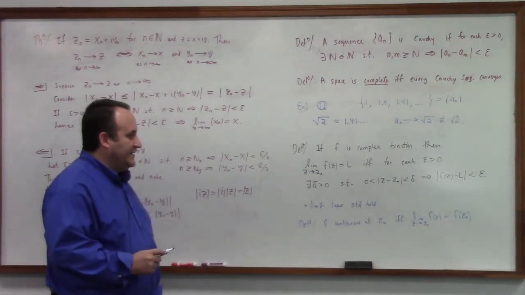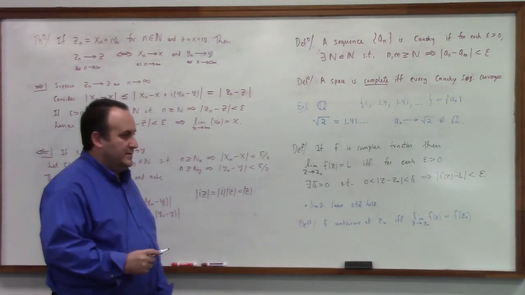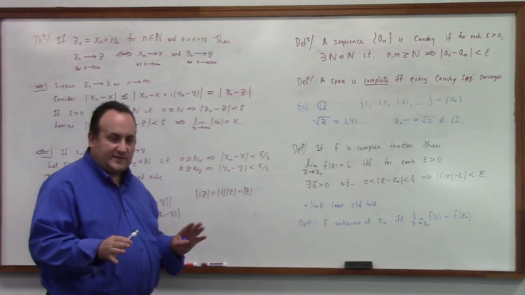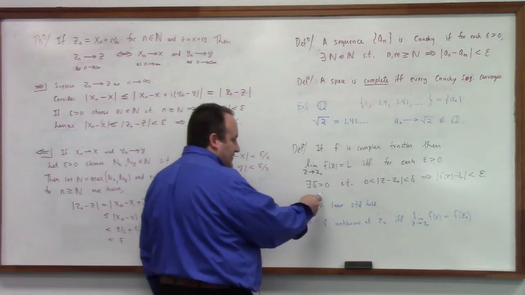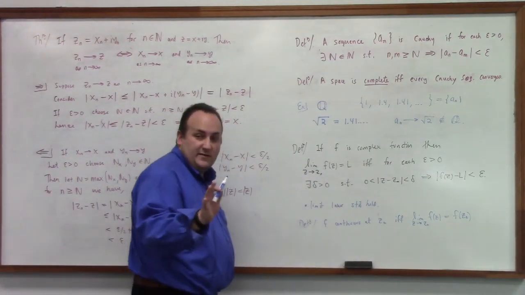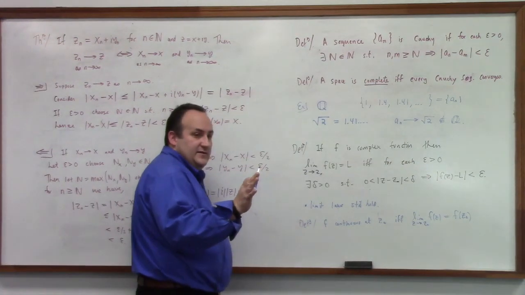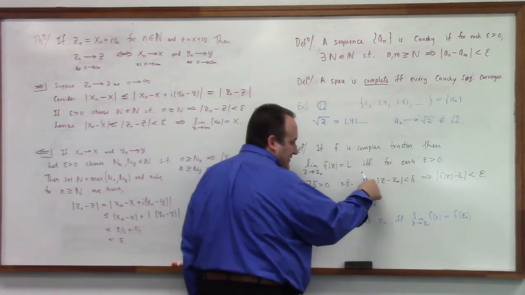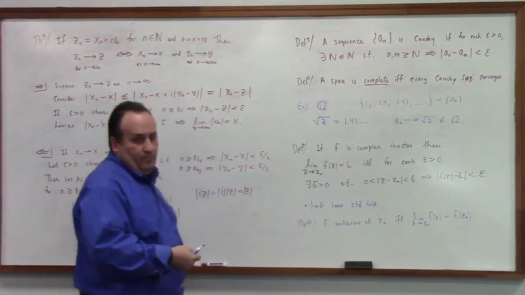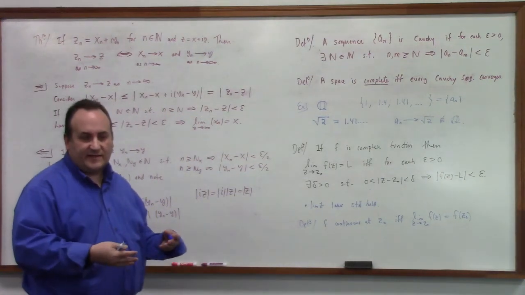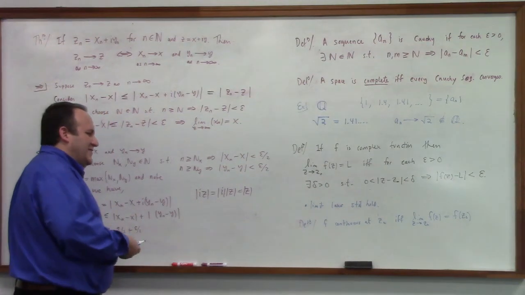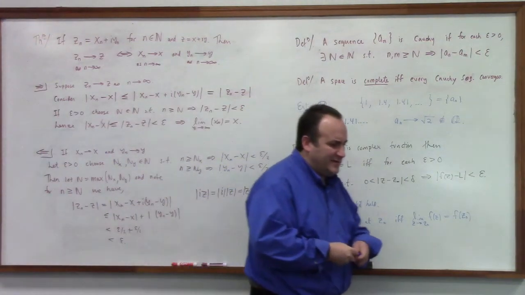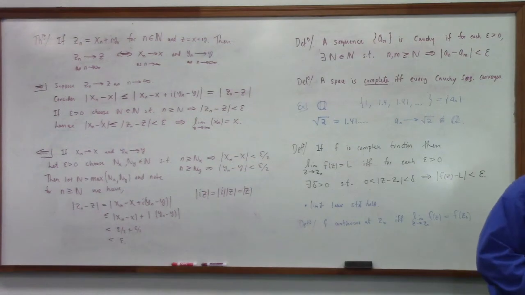Another way to characterize continuity, guys, is to say for each epsilon greater than 0, there exists a delta greater than 0 such that... and see here, for continuity, all you've got to do is just erase the 0, because you actually are considering z naught. When we consider continuity of the function at z naught, we have to actually think about the value of the function at the limit point.